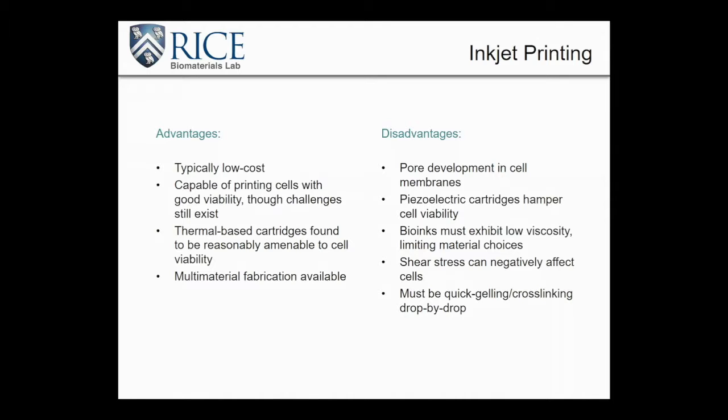And thermal-based cartridges, while found to be reasonably amenable to cell viability, also allow multi-material fabrication. So it's relatively straightforward to print with multiple materials, just as you see in a normal inkjet cartridge using different colored inks. The same can be said for inkjet printing. So it's cheap, easy to incorporate different materials, which is really important when considering those hierarchical structures of tissue engineering scaffolds we mentioned in the last presentation.